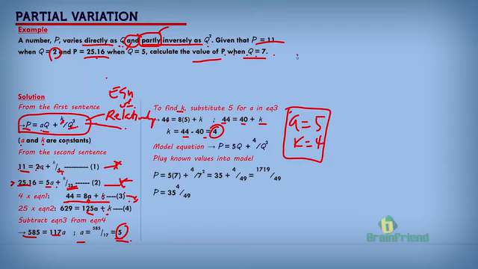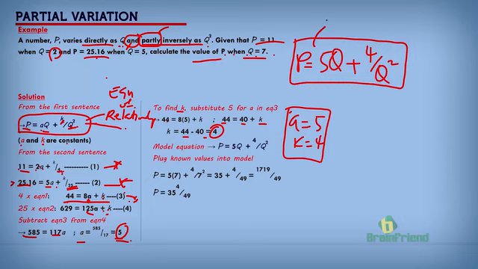So inputting that value, we have P is equal to 5Q plus K over Q squared. K is 4, so 4 over Q, which is yet unknown, Q squared. All right? This is our model equation.